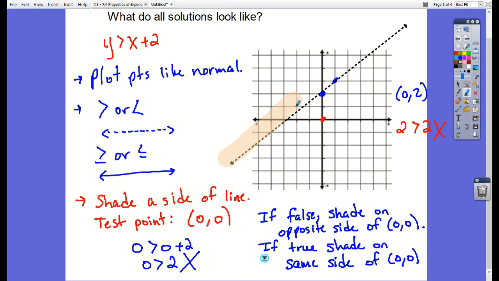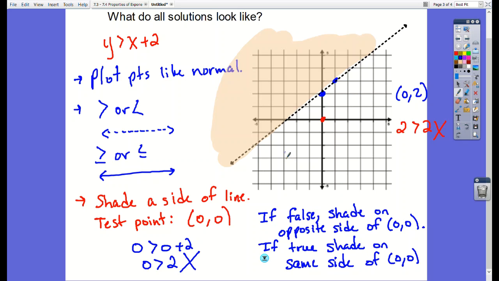And this area, all the solutions fall up here, right? And they fall up there because once again, if you plug in 0, 0, you get a false statement. It does not work, right? That's false. That means every point on the bottom side of the line doesn't work.